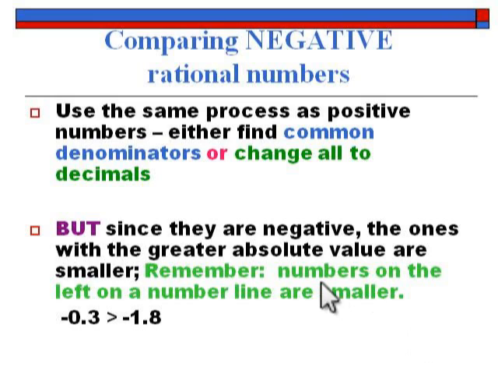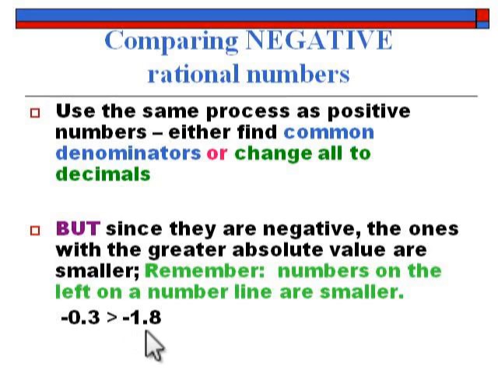So here is an example. If you had a positive 3/10 and a positive 1 8/10, you would know that 1 8/10 is larger. But since they are both negative, the opposite is true. Negative 3/10 is greater than negative 1 8/10.